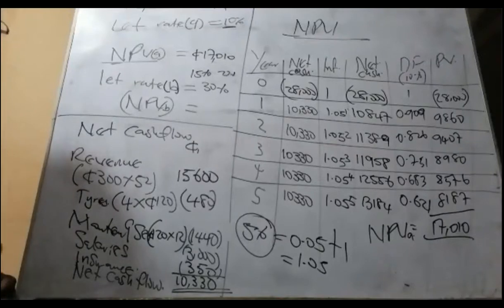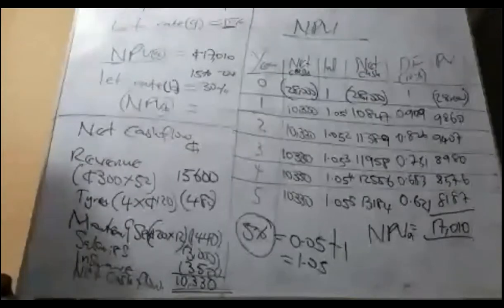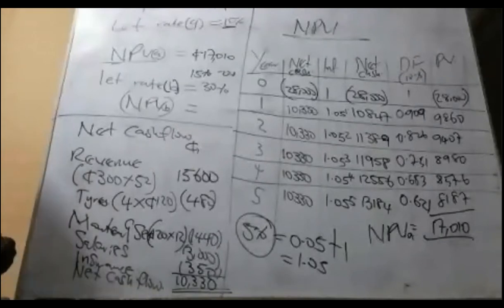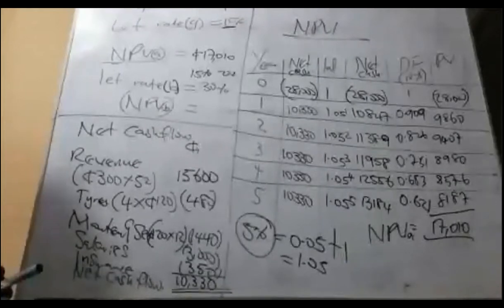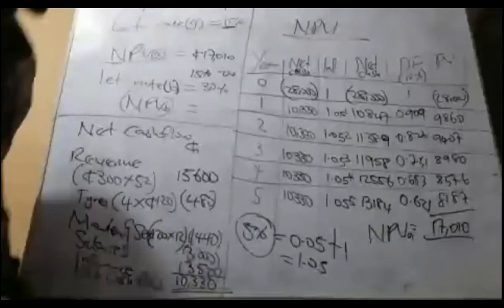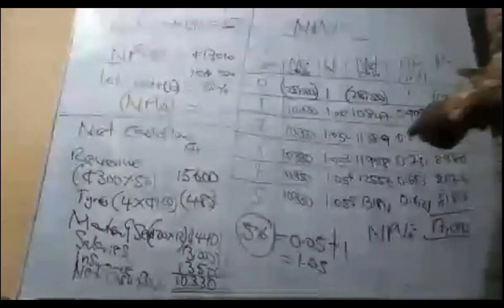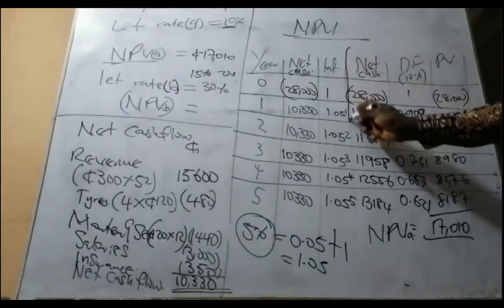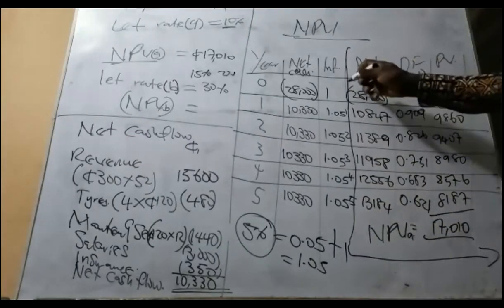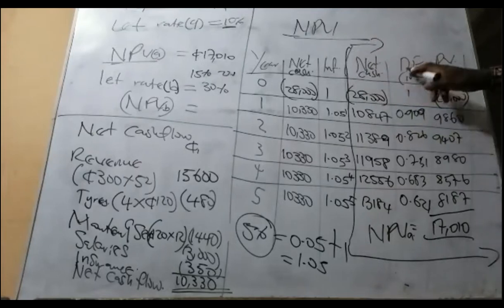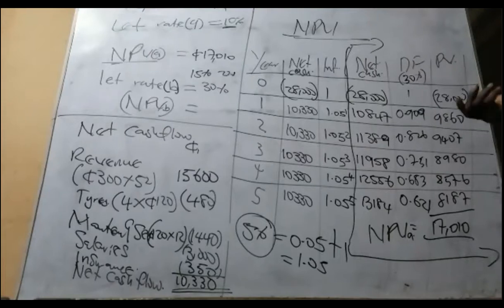Now let's see. So we have selected 30. It means that we have to calculate a new NPV at a discount rate of 30%. We just need the net cash flow, the one that we discount. So from here up to here must be calculated again, so that this 10% must go, and it must be 30%.